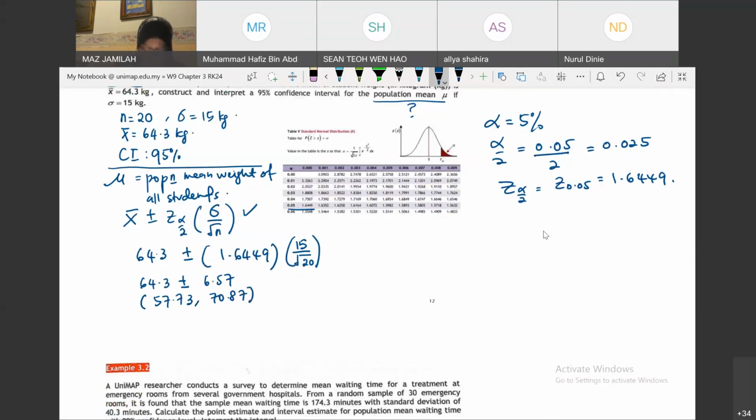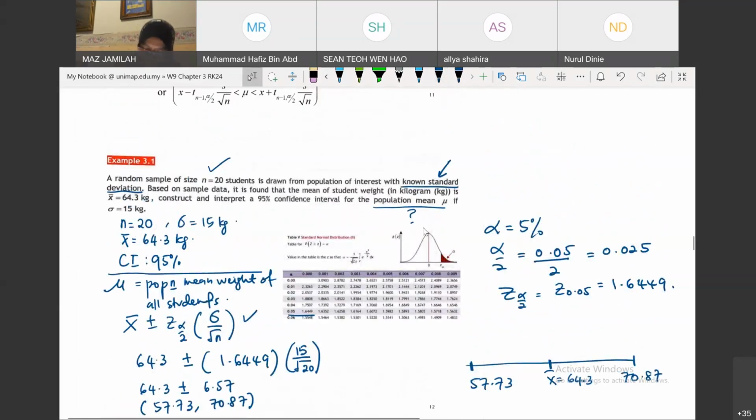until 70.87. If I draw the interval, the x bar is somewhere here, that is 64.3, and you have the interval: the lower confidence limit is 57.73 and the upper limit is 70.87. Now, what we understand from this, class, remember, you are talking about inference for the population mean.